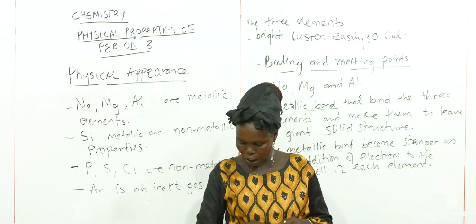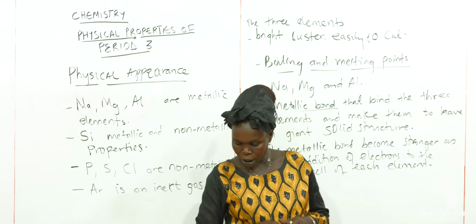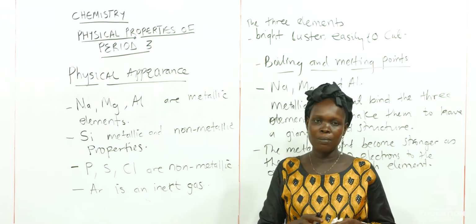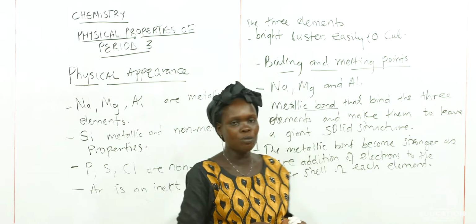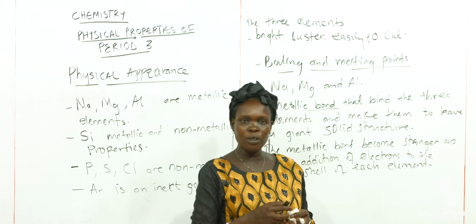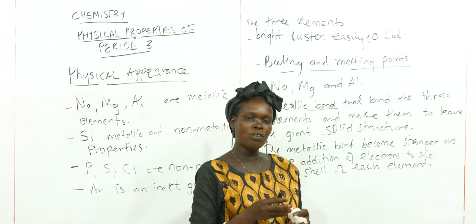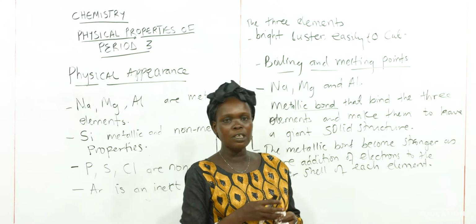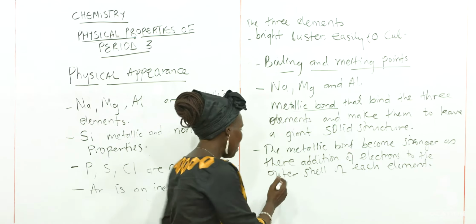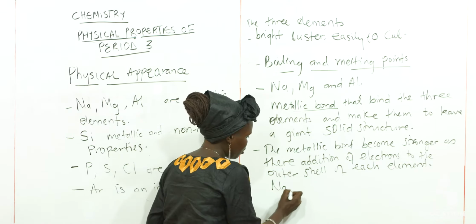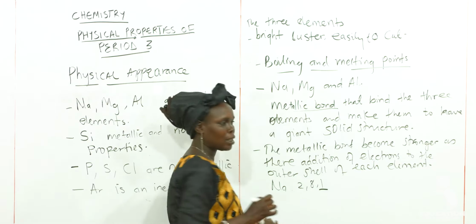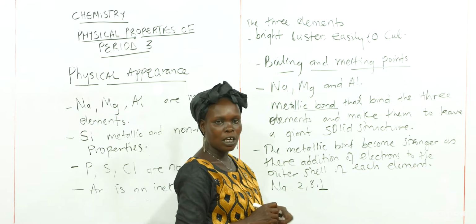So in this case, the element with 1 electron, which is sodium, has 1 electron in its outermost shell. It makes it have a stronger bond, because actually this electron is nearer to the nucleus of the atom of sodium. So we said sodium, with this electronic configuration, we consider this one as a single electron in the outermost shell.